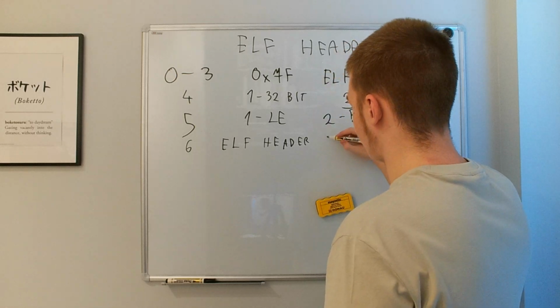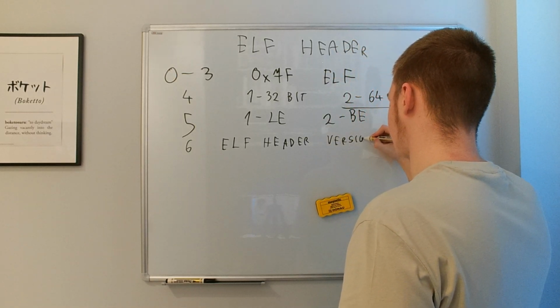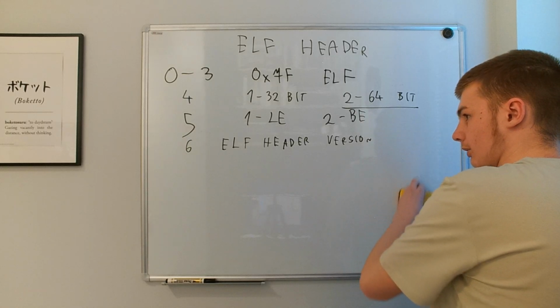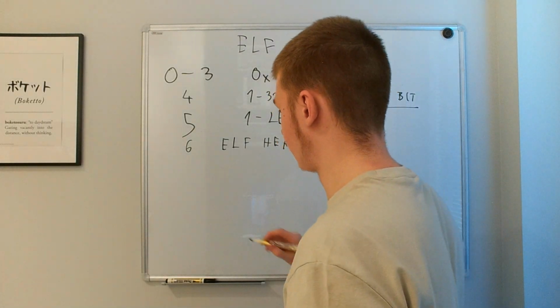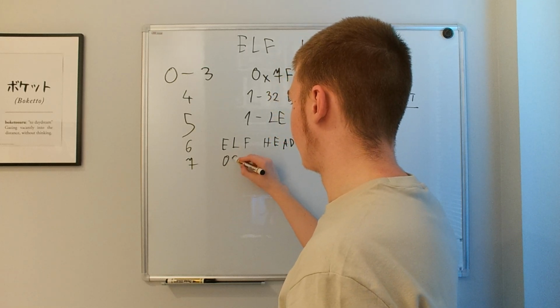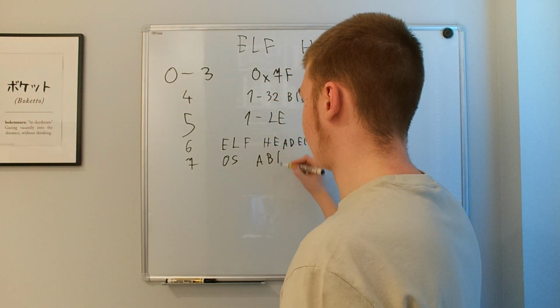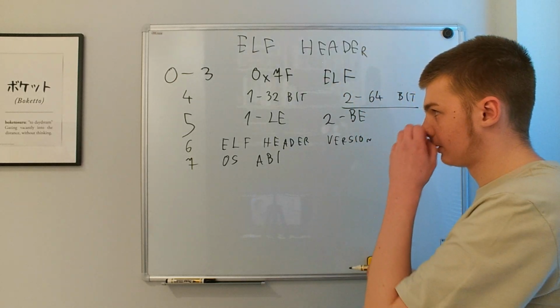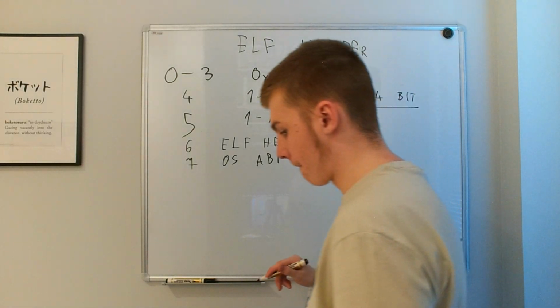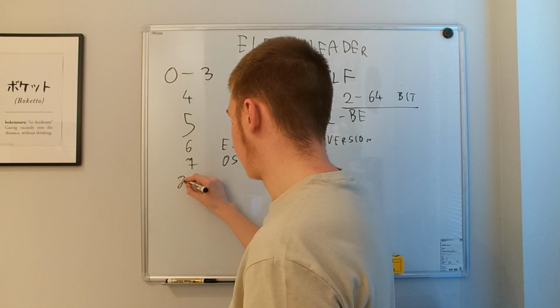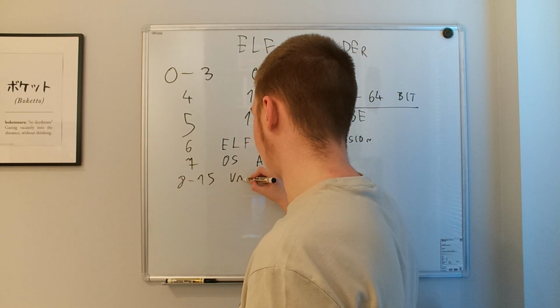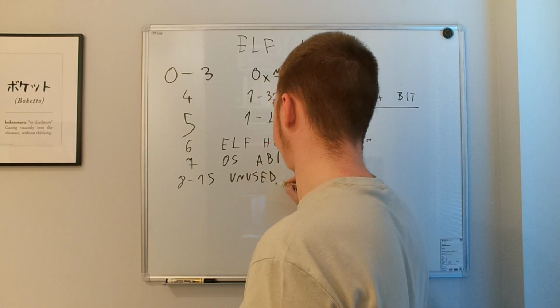It might be important if you're trying to see if it's using some deprecated format, but generally it's okay to ignore. Then the operating system ABI that is used, again, we don't really care about that. Then 8 to 15 are unused, basically padding.